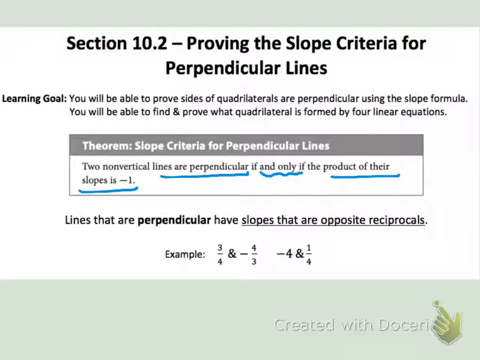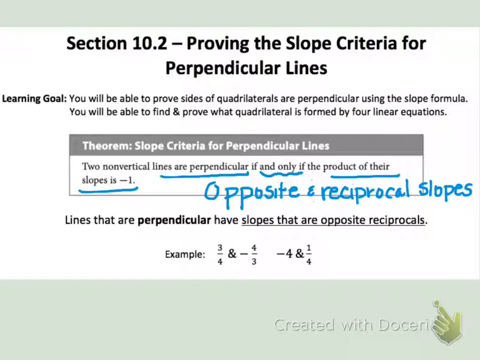Another way to say that is that they have opposite and reciprocal slopes. That's about as completely different as you can possibly be, and that's why they form 90-degree angles.